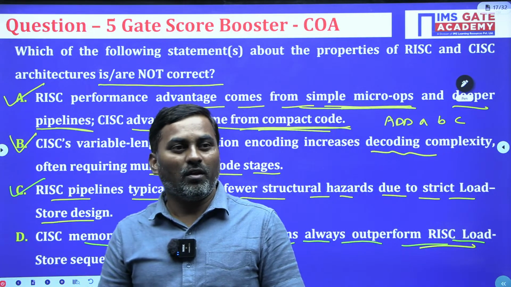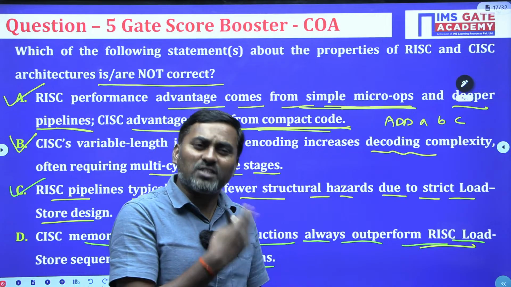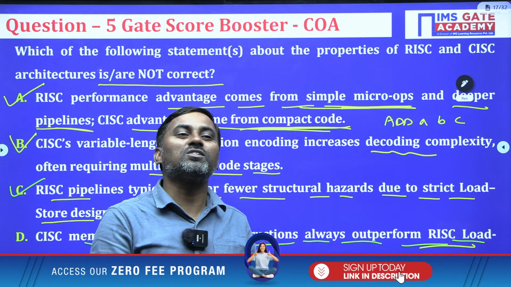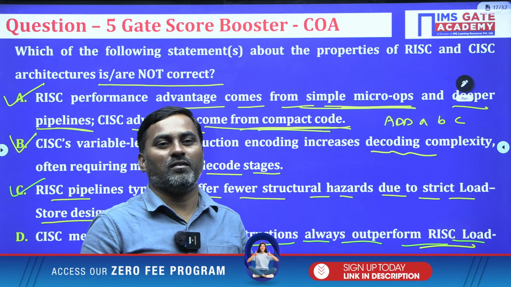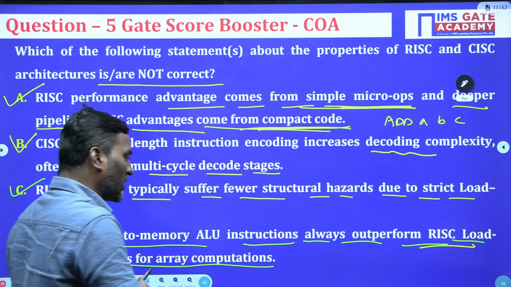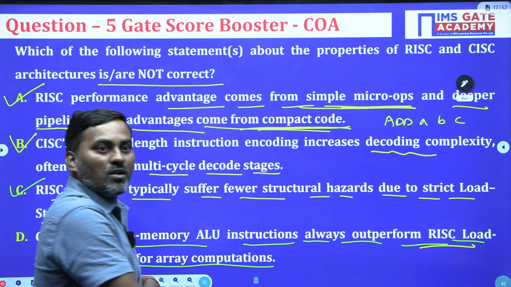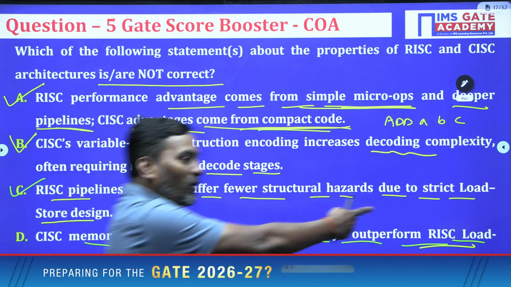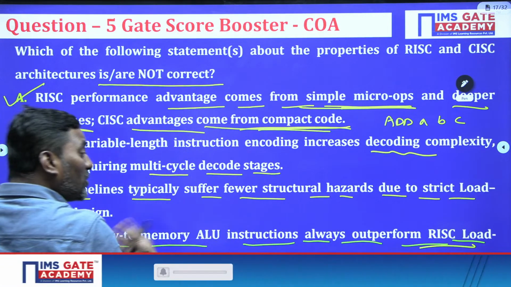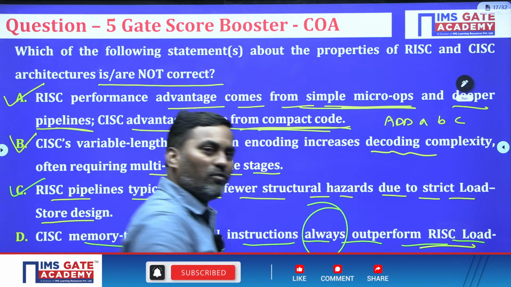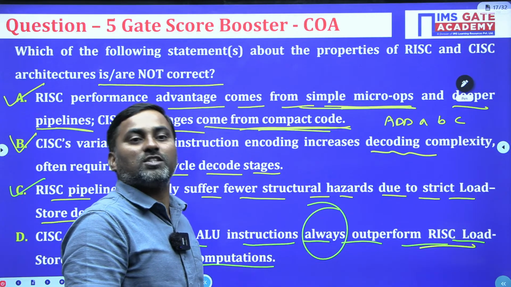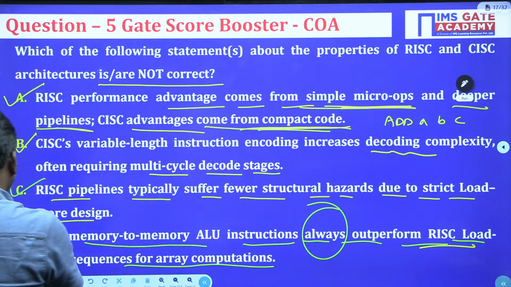So most of the time, RISC will give better time than CISC. Please trust me on these words: RISC takes less time than CISC. When implementing RISC, we mostly use caches. Here also we can use a cache, but in the same line of instruction two memory accesses can happen, whereas here only one memory access happens. Use the word always: CISC will not always give better performance than RISC. So this is going to be false.